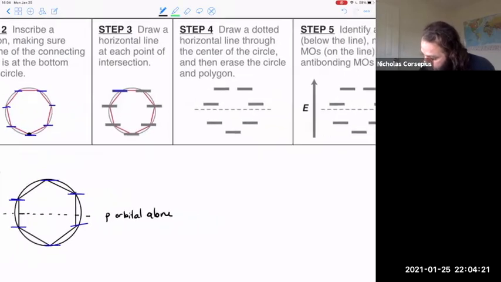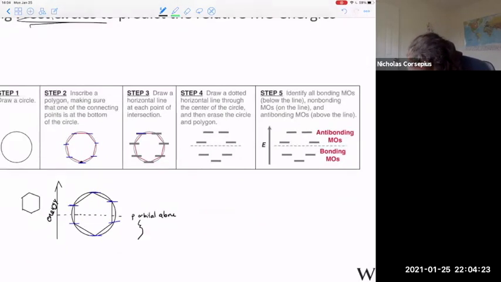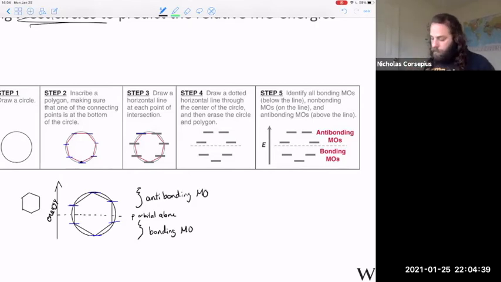That means that this half are our bonding molecular orbitals, the ones that are lower in energy than a p orbital all by itself. And these ones that are above are what we call antibonding MOs.